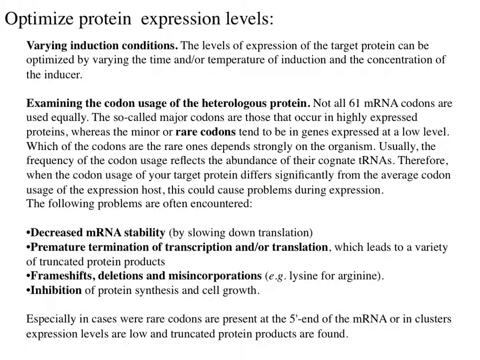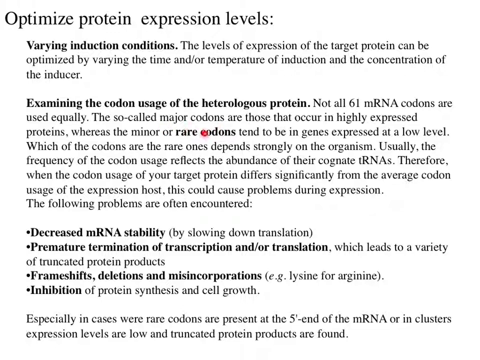Protein expression levels ought to be optimized. You can vary induction conditions by changing the time or the temperature of induction as well as the concentration of the inducer. You can examine the codon usage of heterologous proteins. Not all the 61 mRNA codons are used equally.